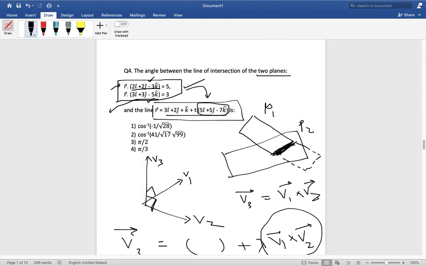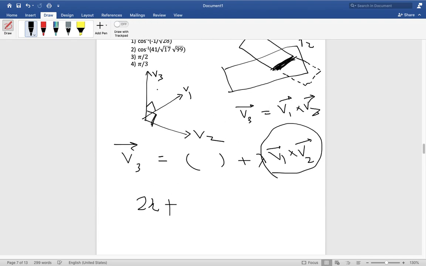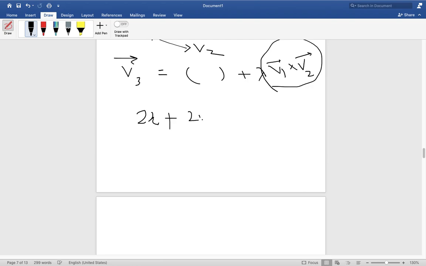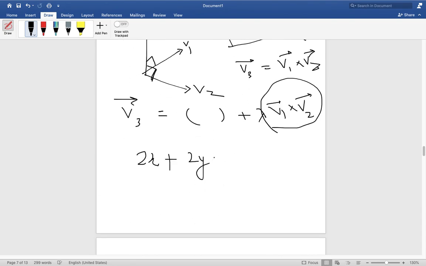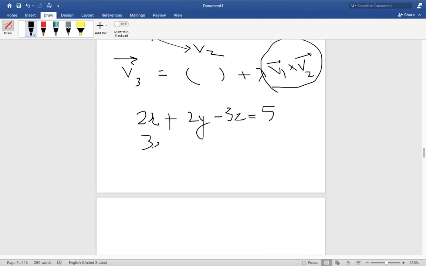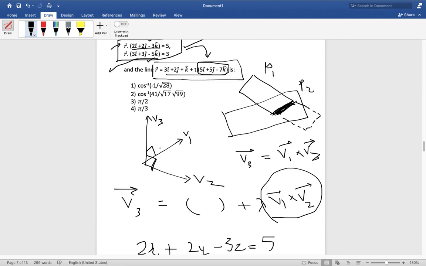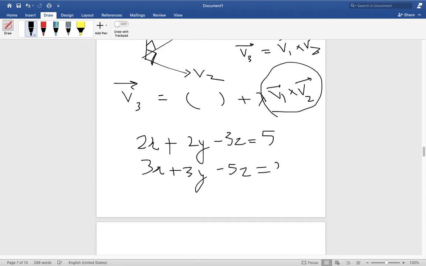So this plane is what? 2x plus 2y minus 3z equals 5, and this is 3x plus 3y minus 5z is equal to 3. So multiply this equation with 3 and multiply this equation with 2, and then subtract and find the value of z.